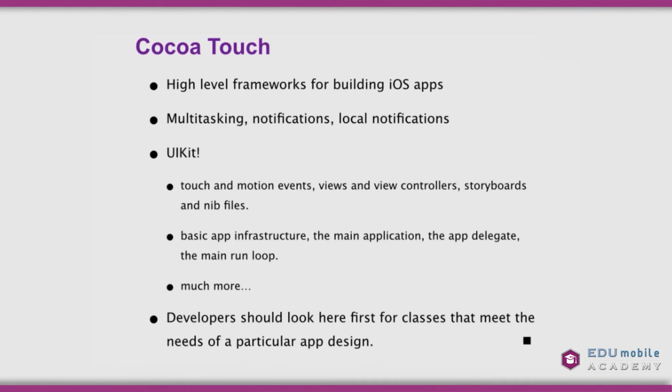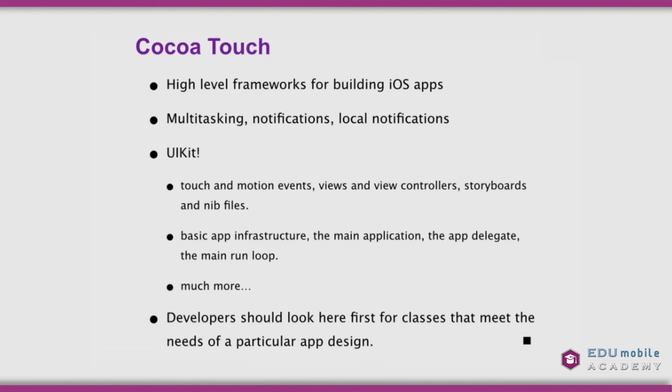Cocoa Touch is the final layer and the highest level layer of frameworks for building applications. And this is the main developer interface when a developer is building an app, mainly dealing with Cocoa Touch. Also the Foundation frameworks, of course, for our data classes, but Cocoa Touch is where we go for the functionality of an application.